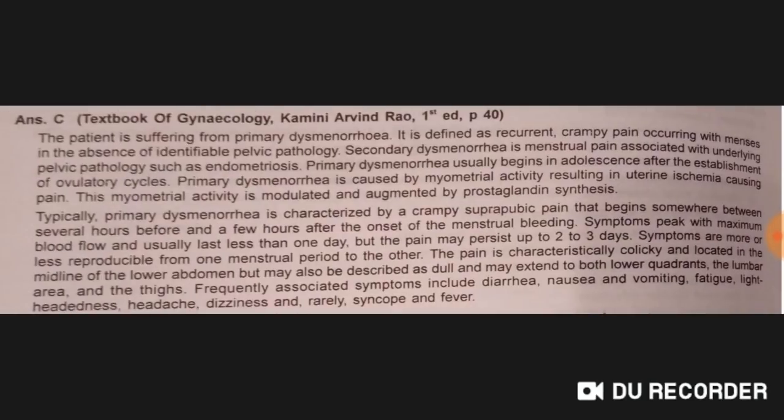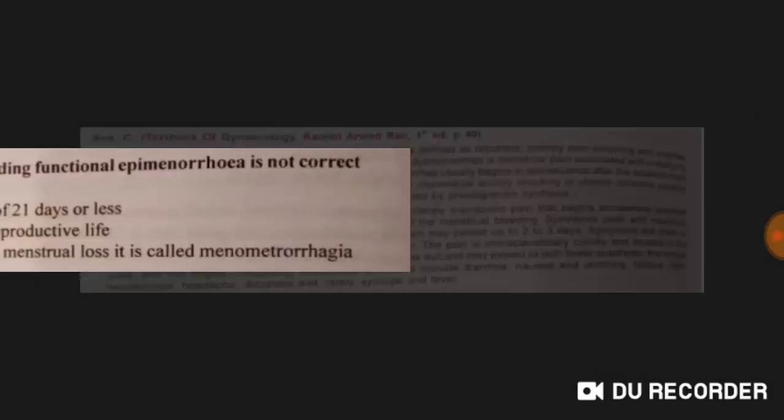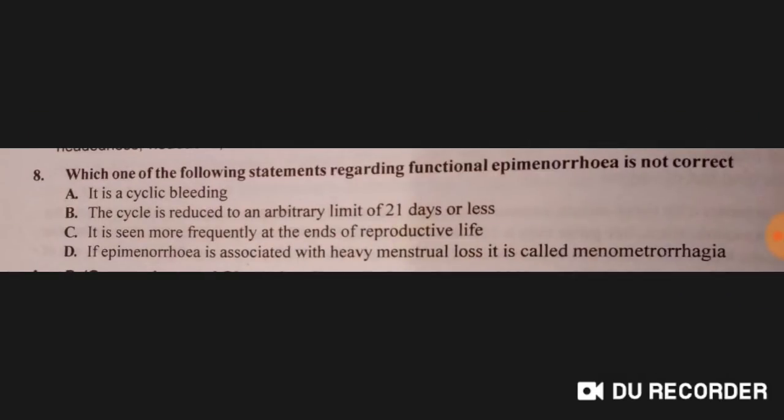The patient is suffering from primary dysmenorrhea. It is defined as recurrent crampy pain occurring with menses in the absence of identifiable pelvic pathology. And secondary dysmenorrhea is menstrual pain associated with underlying pelvic pathology such as endometriosis. So hope it's clear.